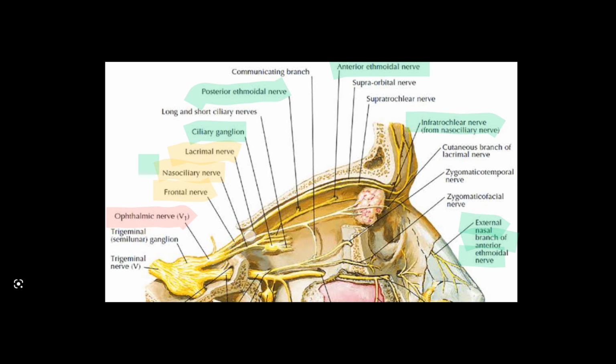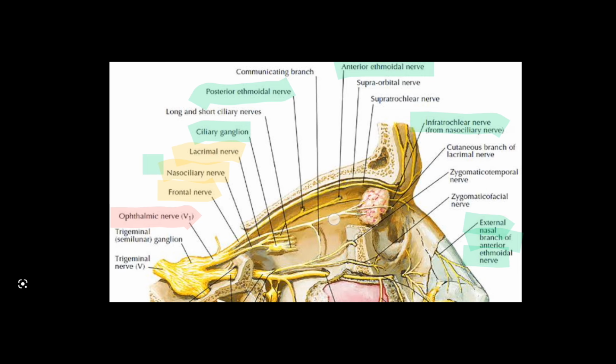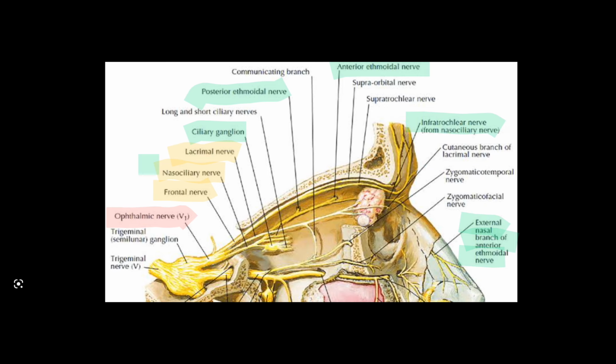See, the frontal nerve is given here and it gives two branches, supraorbital and supratrochlear, as marked by these arrows. Then lacrimal. Lacrimal supplies separately. It does not give any branch, and it will be supplying the region of the lacrimal gland.